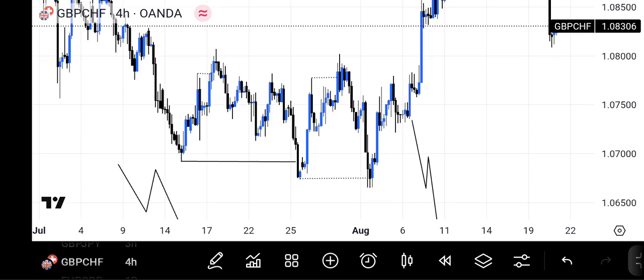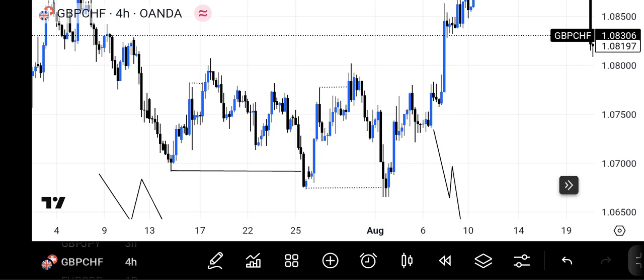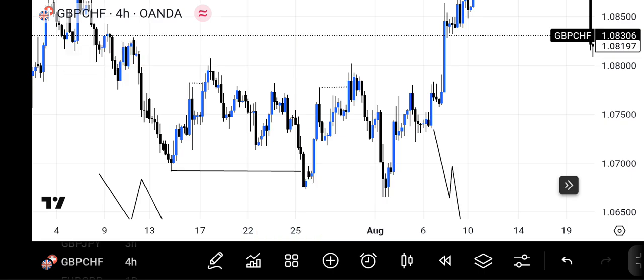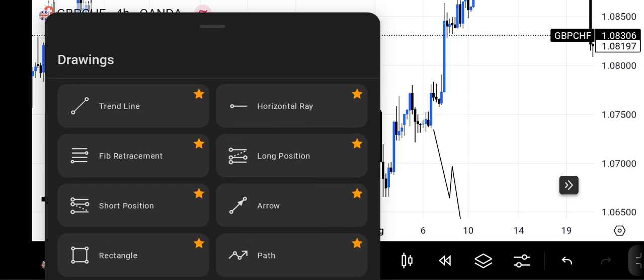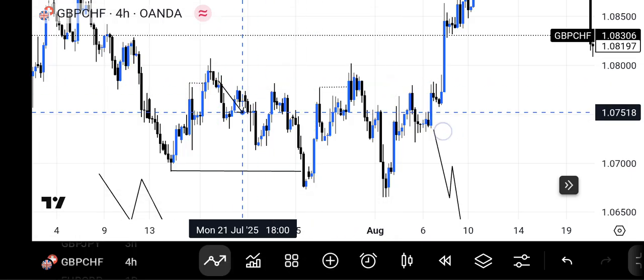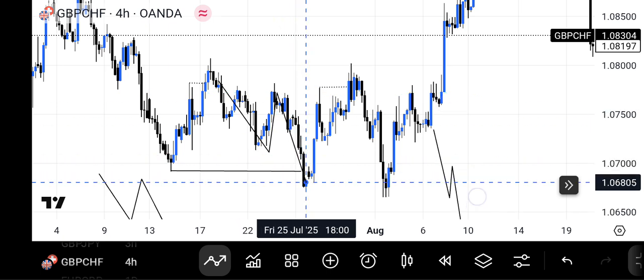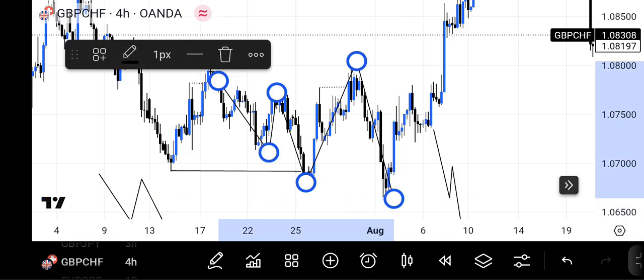A real break of structure must close with a body, not a wick. So this is still part of this move here. Everything here is still part of this leg. Still one leg, still the same structure.